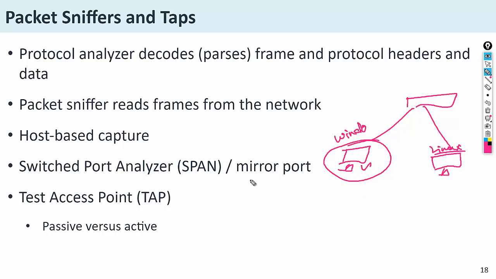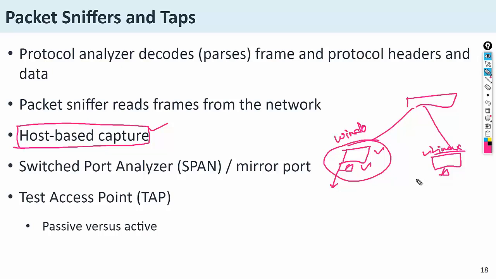So I will start the capturing, and this capturing is known as host based. It means if I want to capture the data on any target host, it is known as host based capture. It can be Windows, Mac, or Linux.